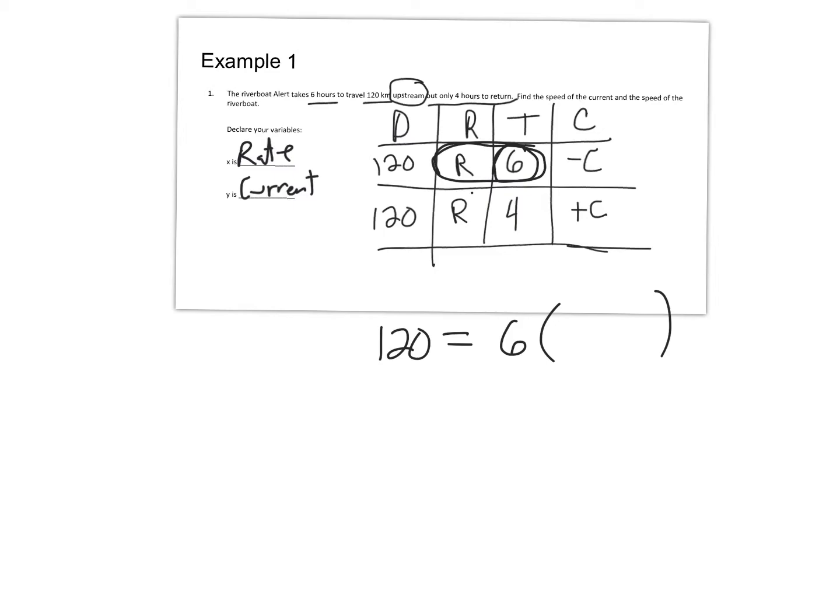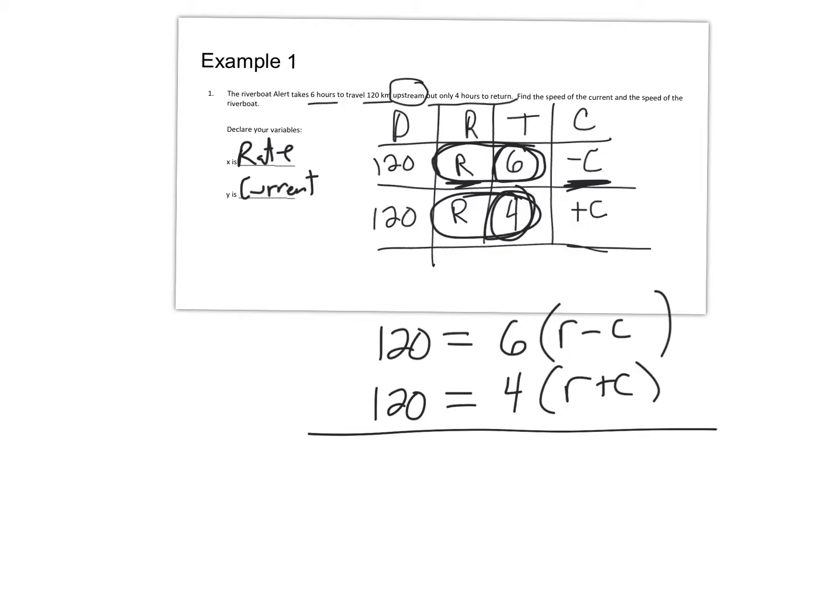Now the rest of what's left over in that line goes in a parenthesis, so R minus C. Okay. Now for the second equation, we're going to do 120 again is equal to, so again, my time is what they gave me, so 4 with R plus C.